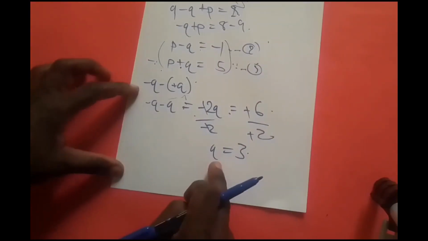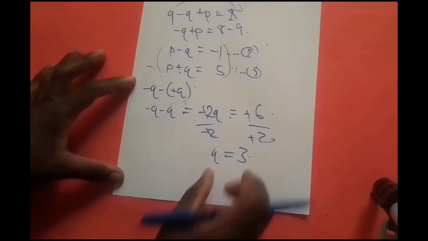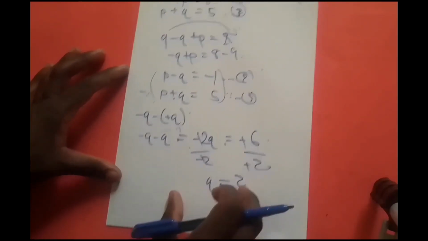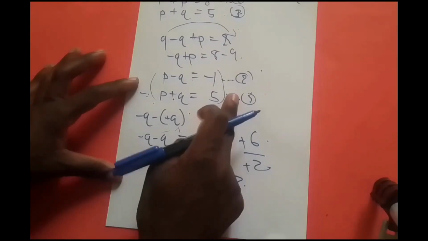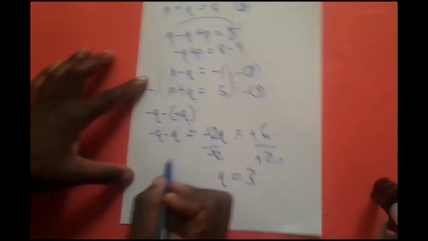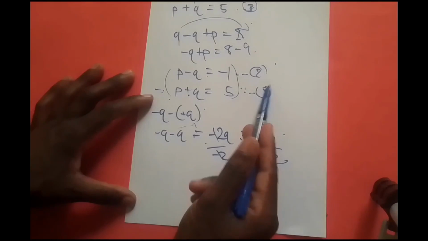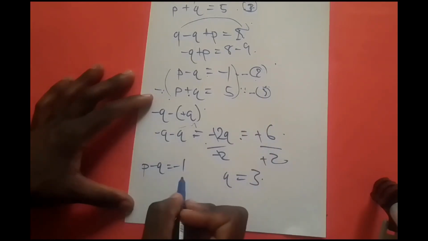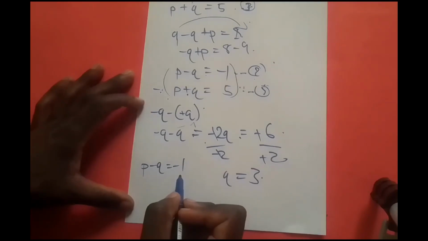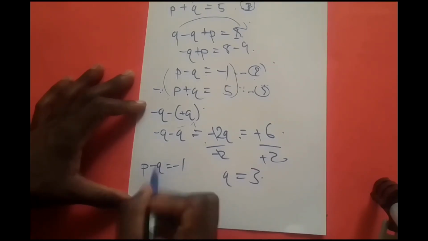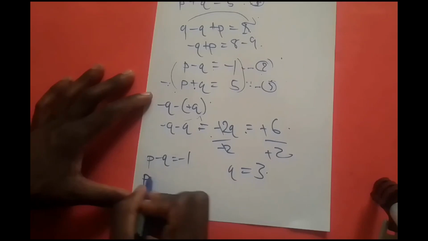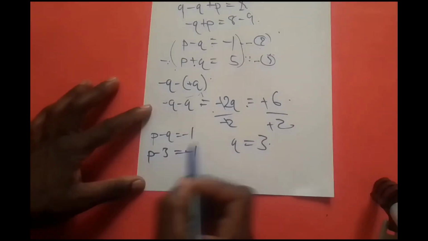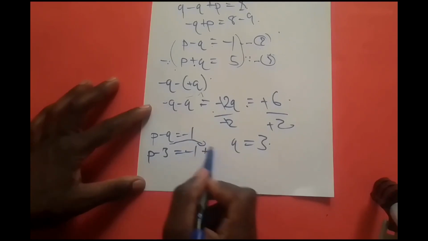Since q is equal to 3 centimeters, we substitute everywhere there's a q with 3. Equation 2 is saying that p minus q is equal to negative 1. We have q here, so we substitute q with 3. So p minus 3 is equal to negative 1. If negative 3 flies across the equation, it becomes a positive 3.